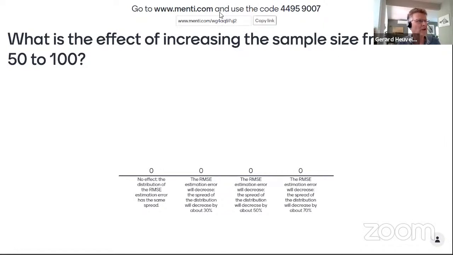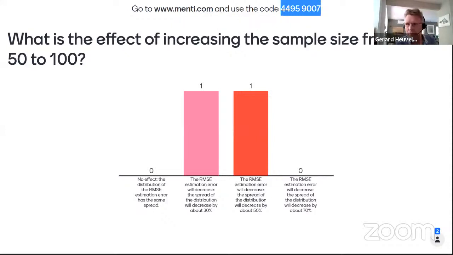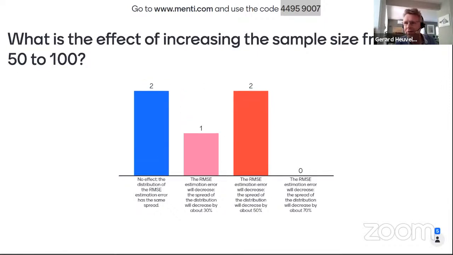And I hope it all works. So you have to go to menti.com and use this code to submit your answer. Okay, good. We already have 1 response. Maybe copy that code to the chat. Yeah, of course. Let me see. How do I get to the chat? I don't seem to have access to the chat.